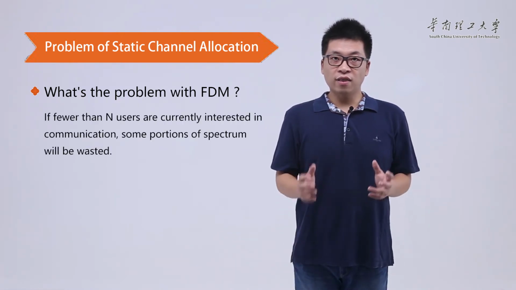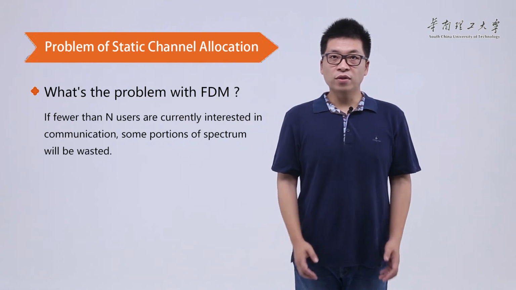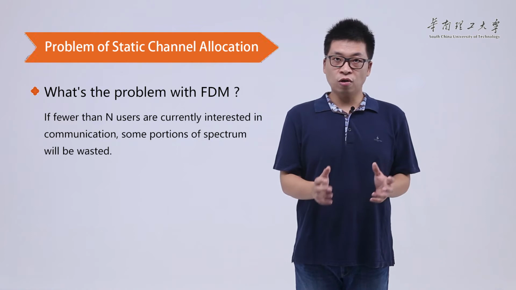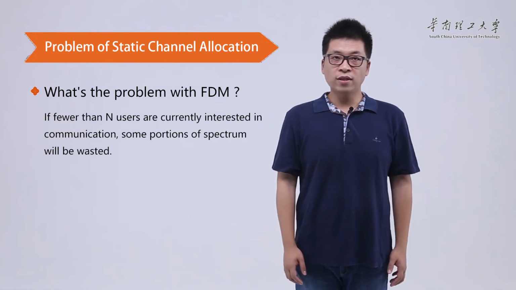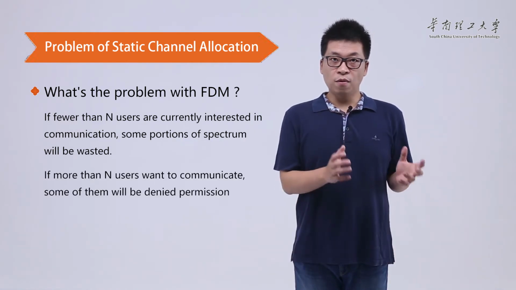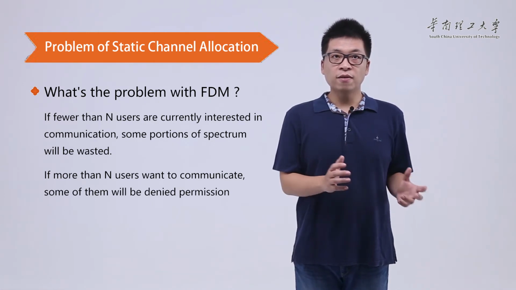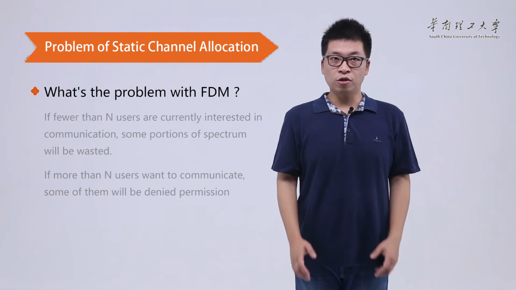If fewer than n users are currently interested in communication, some portions of spectrum will be wasted. If more than n users want to communicate, some of them will be denied permission.